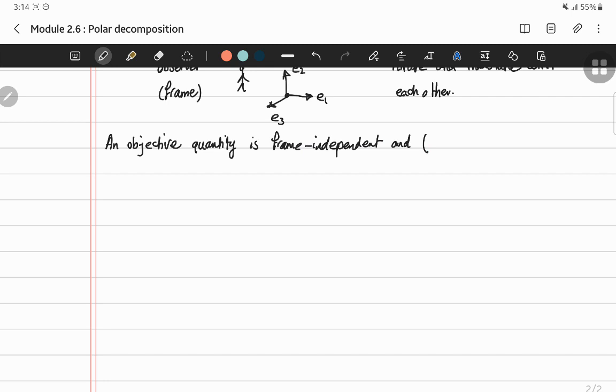And there is also one more thing that we have to take into account to call a quantity objective. I will just disregard it for the moment. So there is one more condition here, and I highlight it.